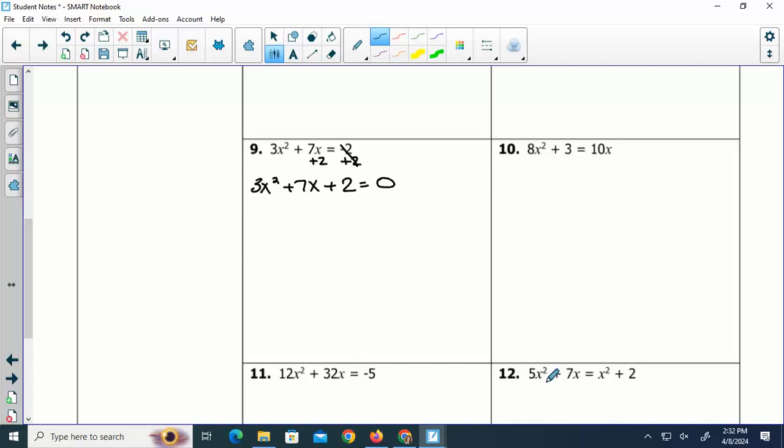Flip and slide. So we need to bring the 3 down. So x squared plus 7x plus 6. 2 numbers, multiply to a positive 6, add to a positive 7. 6 times 1 is 6, 6 plus 1 is 7.